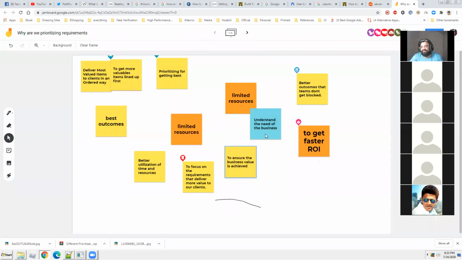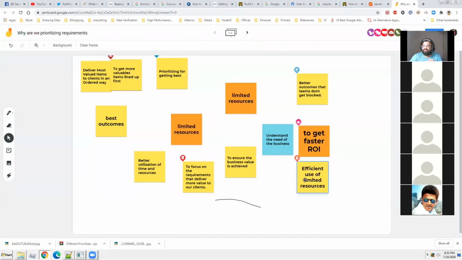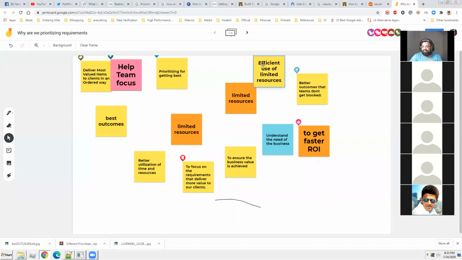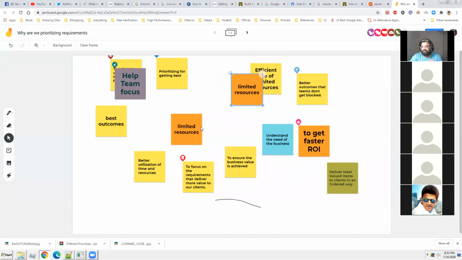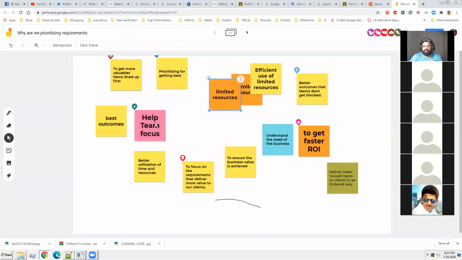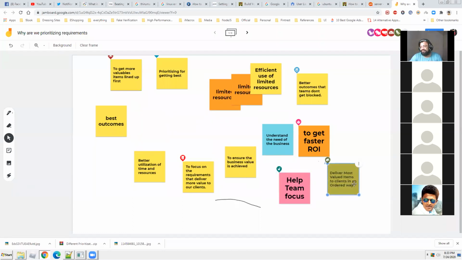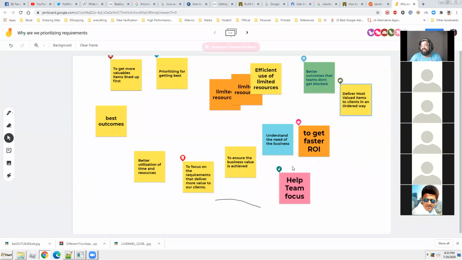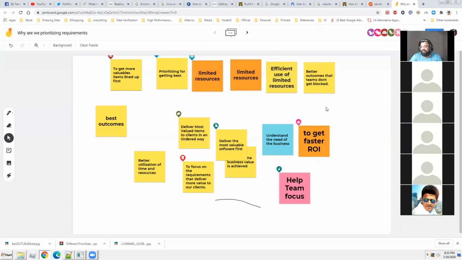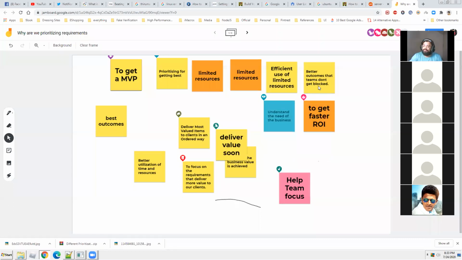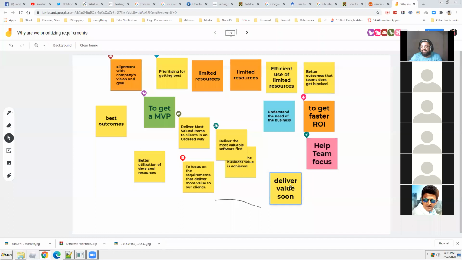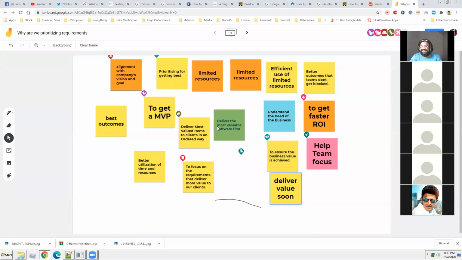Okay. To understand the need of the business, effective use of limited resources. A lot of people were talking about limited resources, help team focus, deliver most valued items to the client in an ordered way, better outcomes so the team doesn't get blocked, to get an MVP, to deliver value soon. That's okay, we will arrange it later.